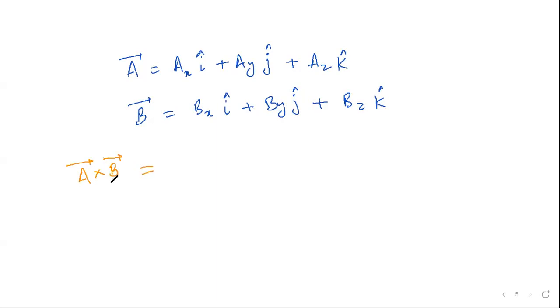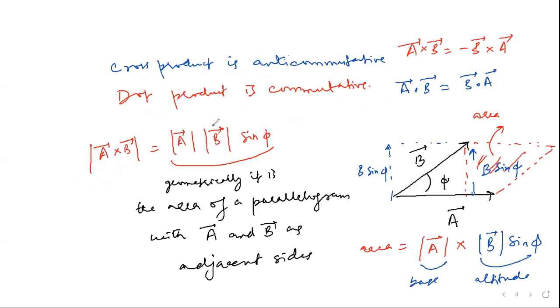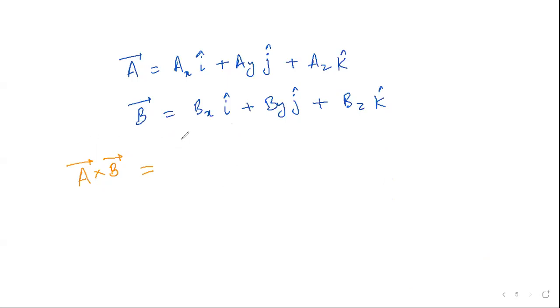Directly from components. I've already discussed one way. You have to first find the magnitude of A, then magnitude of B, then the angle between A and B, the smaller one, and then you can find from this formula its magnitude, then use the right hand thumb rule to find the direction. But there is an alternative method. You can directly use components, but you have to expand this determinant. In the first row you write i cap, j cap and k cap.